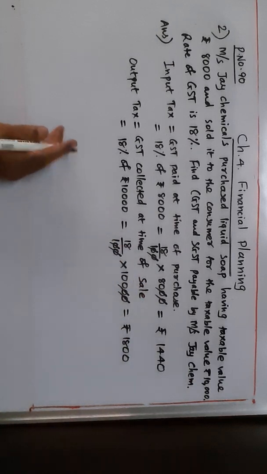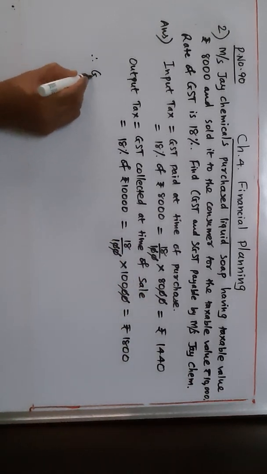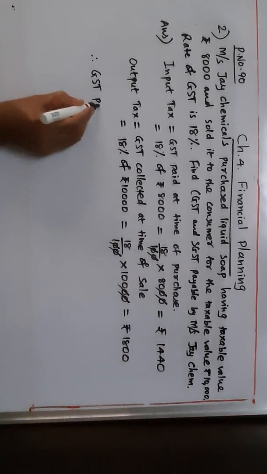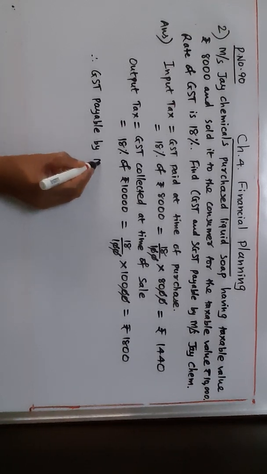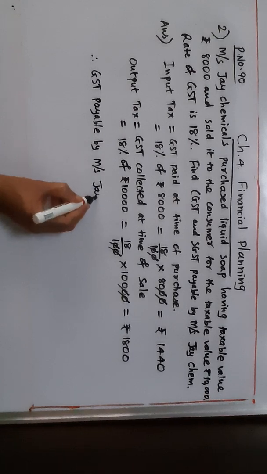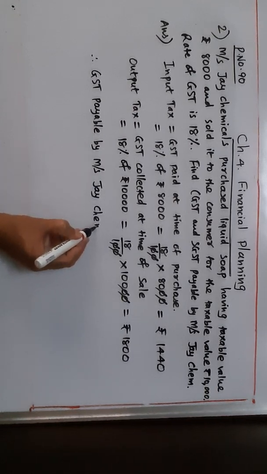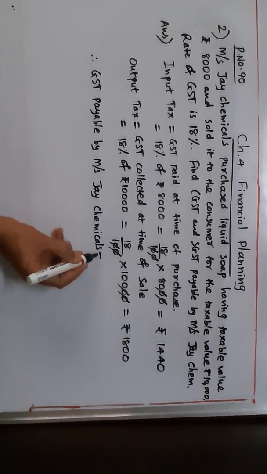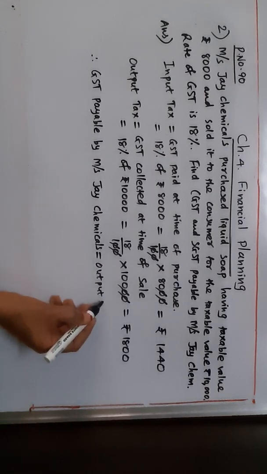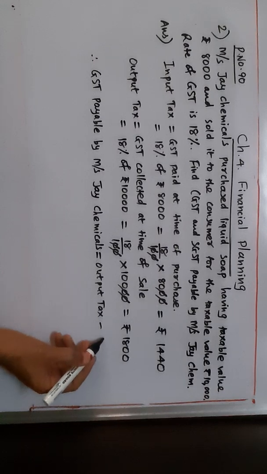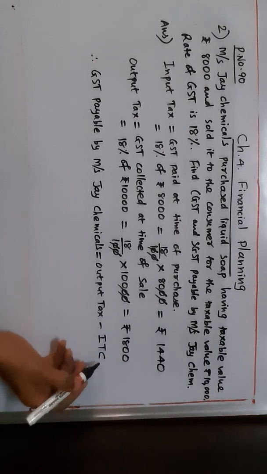So therefore, the GST payable by Messrs J Chemicals is equal to, what is the formula? The formula is output tax minus ITC, the popular term for input tax credit.